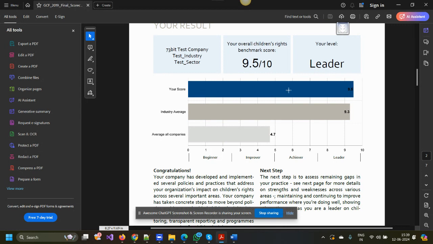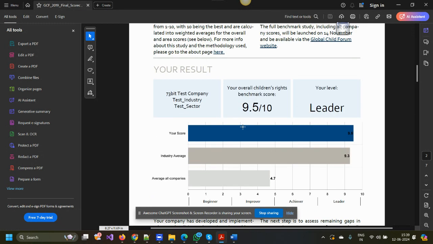Based on the scores, we have this grid and we have aligned this properly. Based on this bar chart, you will come to know on an average where all the companies are, where the industry average is and where the score is. Obviously this is the final scorecard report that we are talking about.